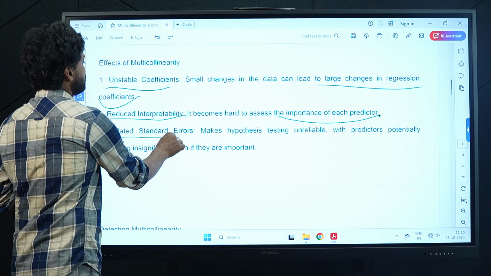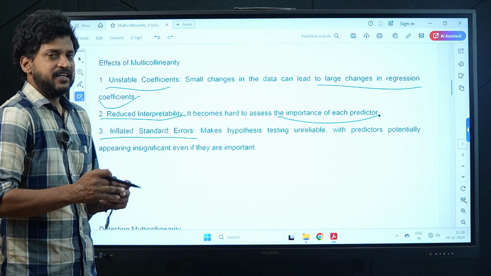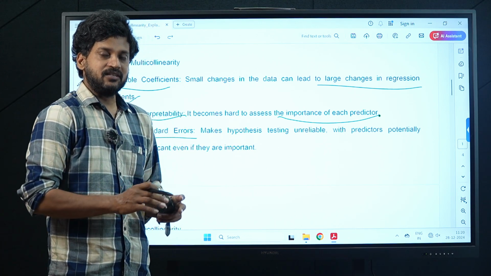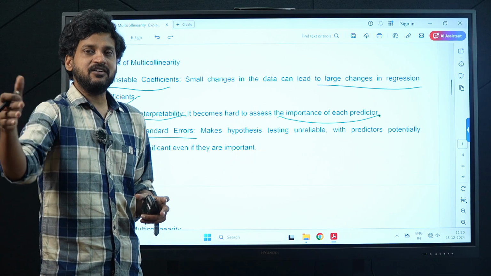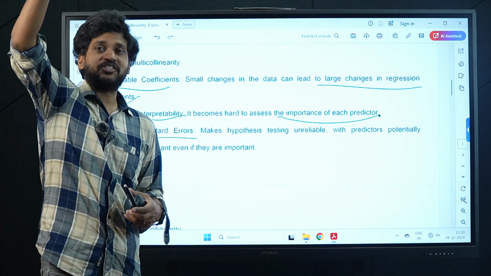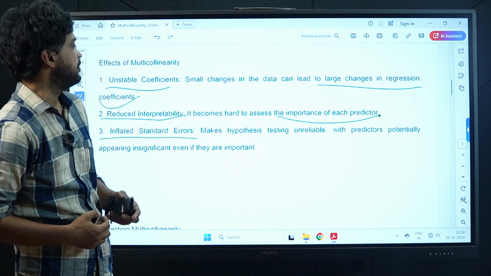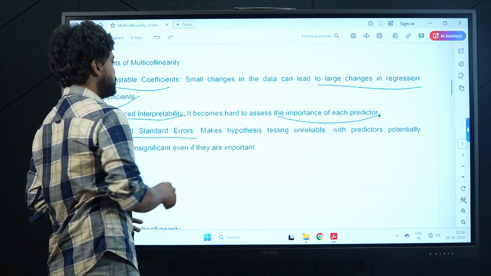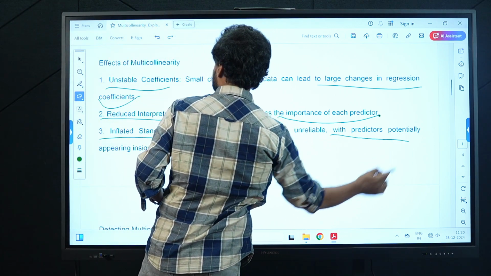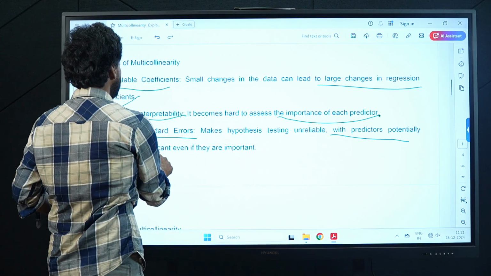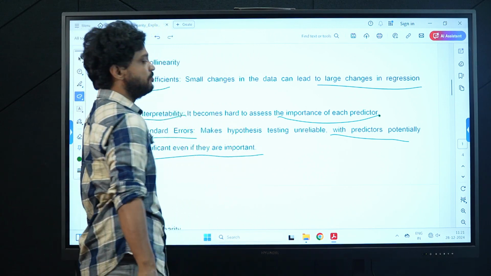Inflated standard errors. There will definitely be some errors. We discussed errors; the contribution of the errors towards the model will rise with respect to multicollinearity. It makes hypothesis testing unreliable, with predictors potentially appearing insignificant even if they are important.